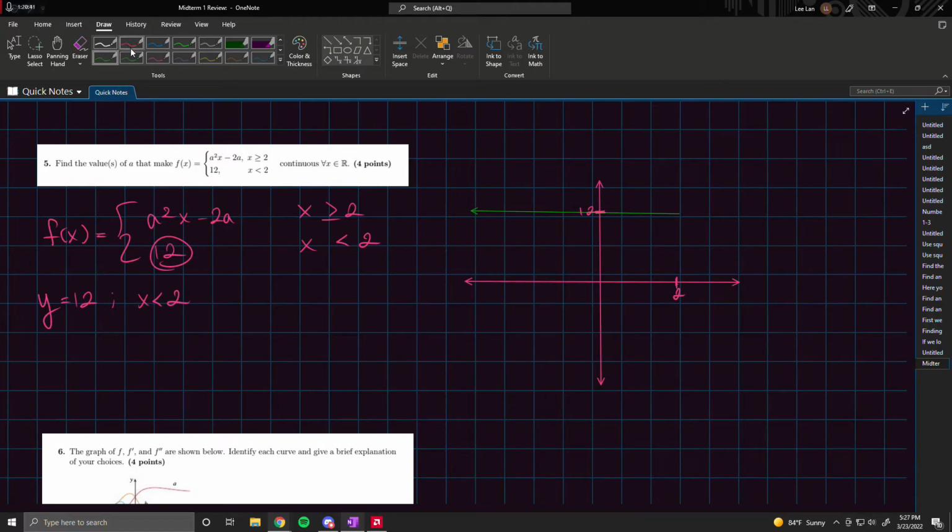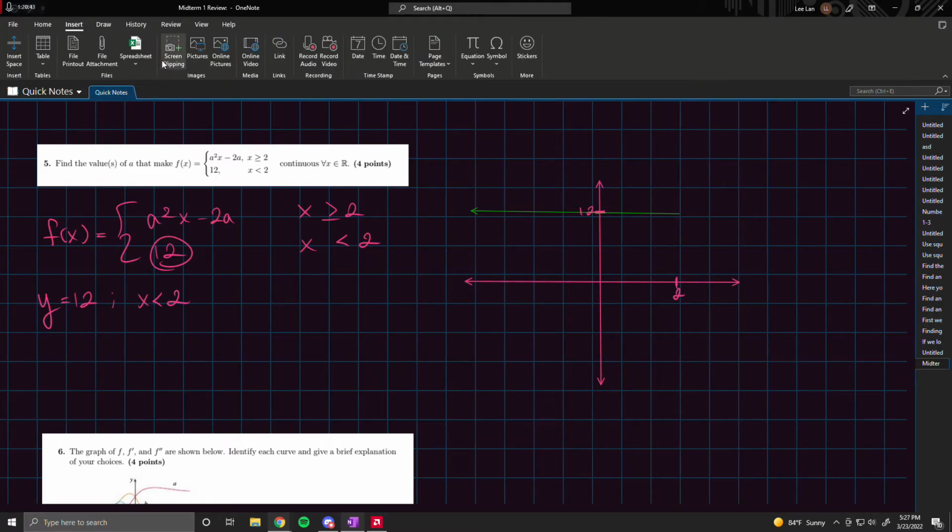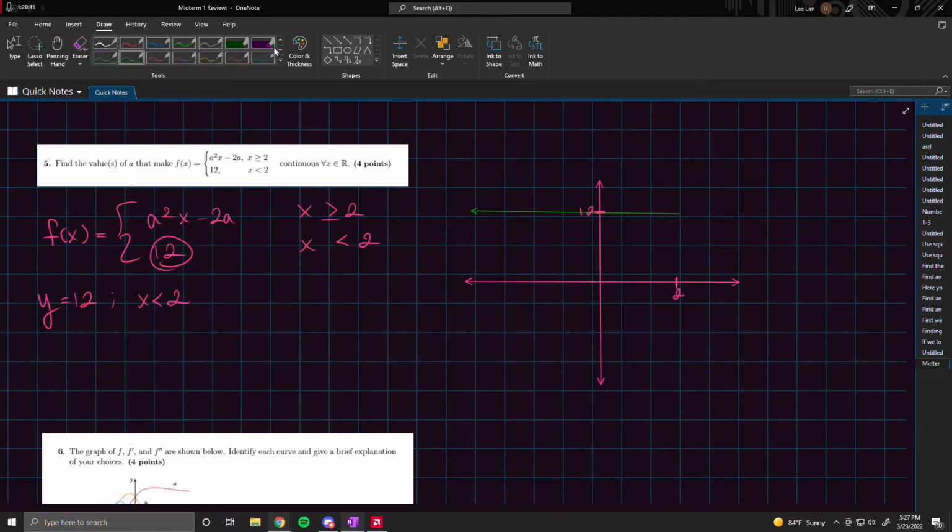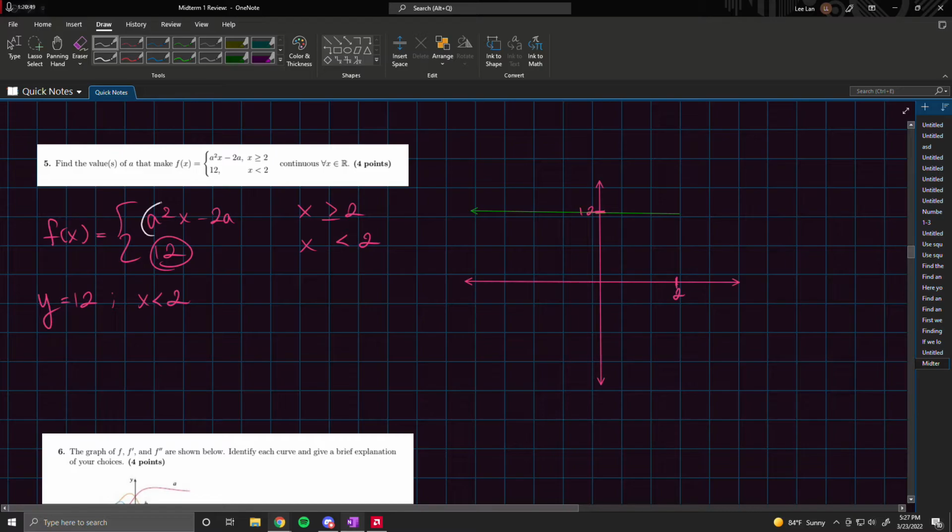Okay, so that was not too bad, but let's see, what does this one look like? a squared x minus 2a. Well, a is just a number.